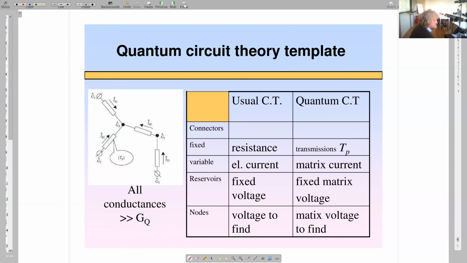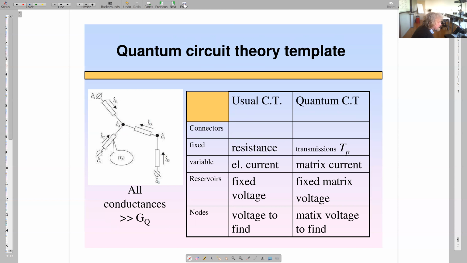Okay, what is common, what is different? The common thing is that both theories have the same types of elements.